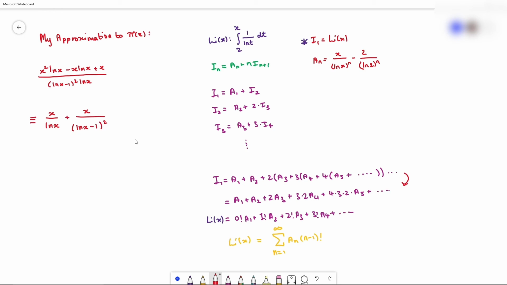Okay, so I've tested this approximation to 10 to the 90 values using online software, and it seems to be wedged narrowly between Gauss's approximation and Li of x.